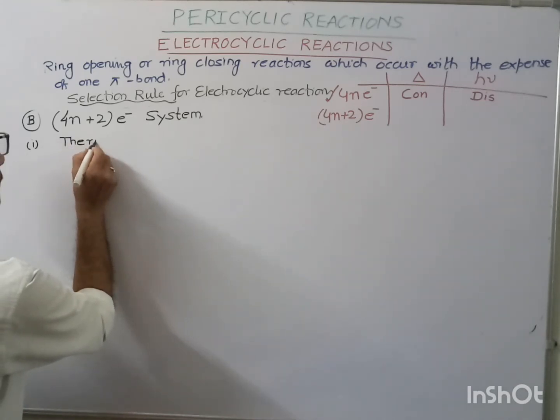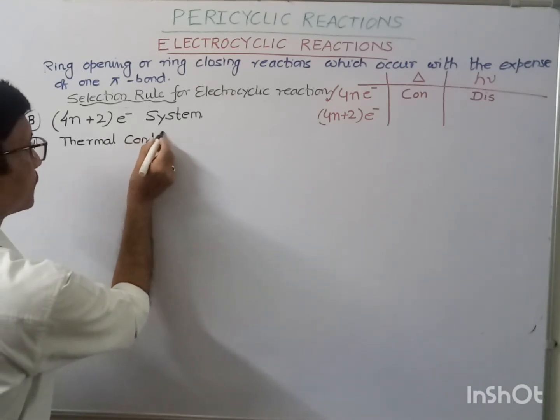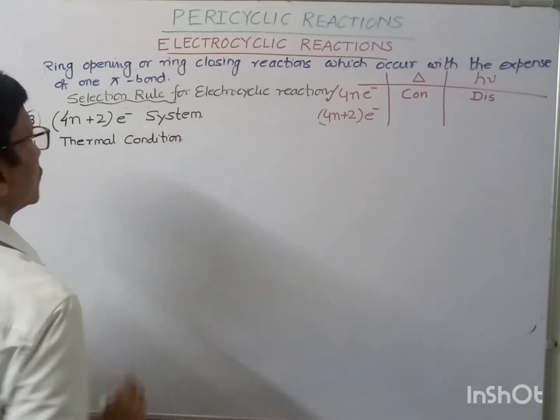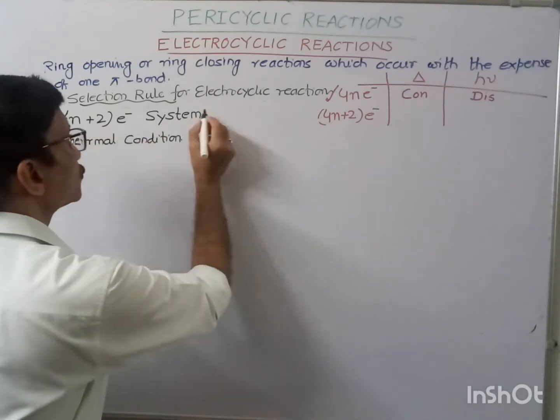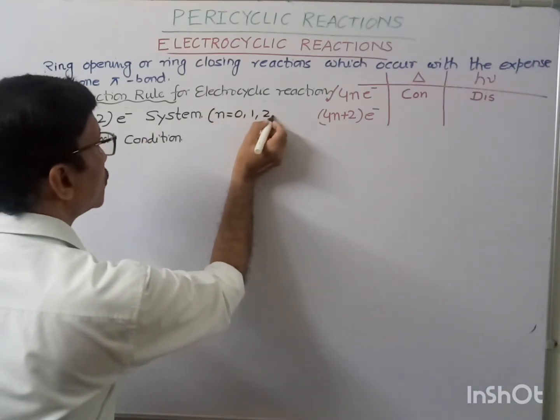For the 4n plus 2 electron system, n is equal to 0, 1, 2 and so on.